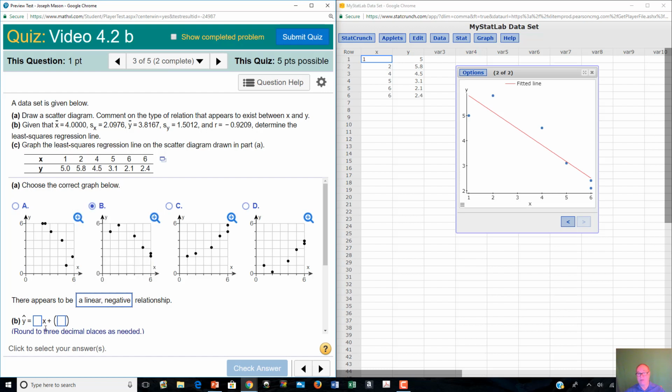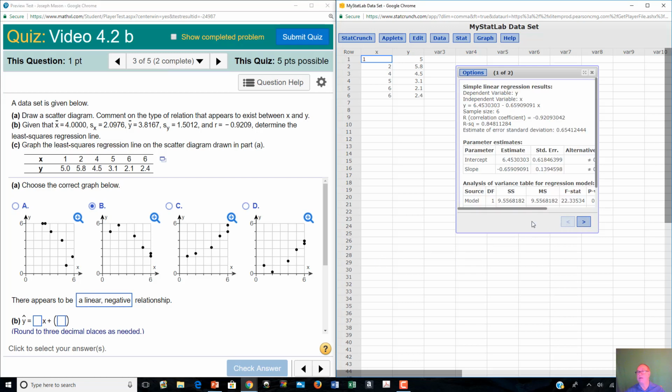Now it wants to know what the regression line is, so I hit the back arrow, go back, and I can go up here, right here, y equals 6.453 minus c. But now you notice this over here is written as blank x plus blank. So I have to reverse what I get from StatCrunch.